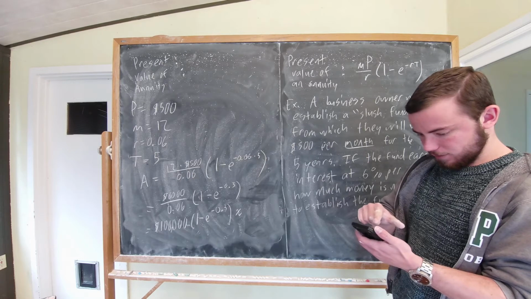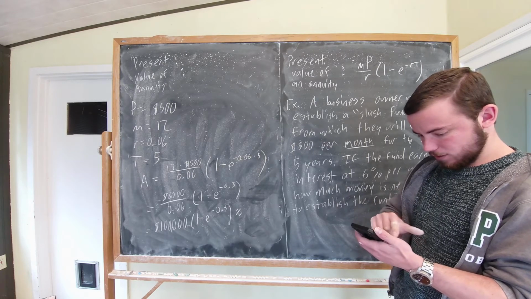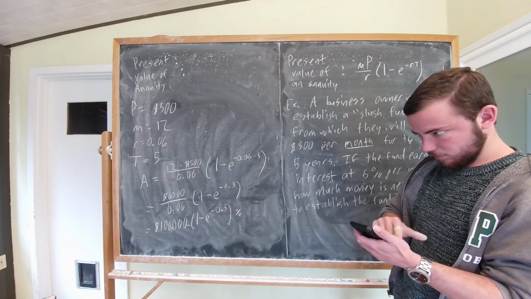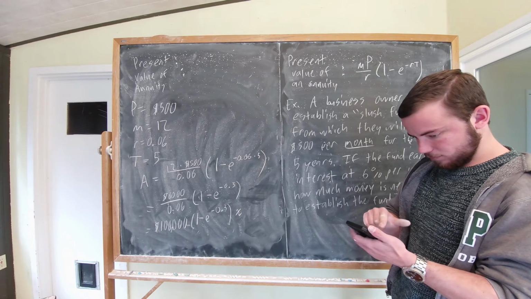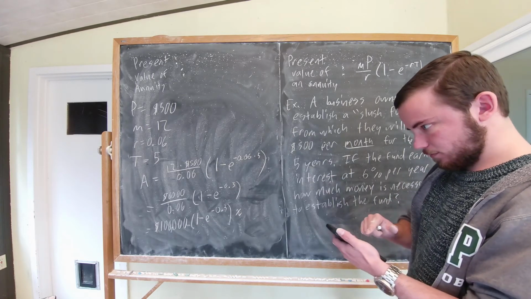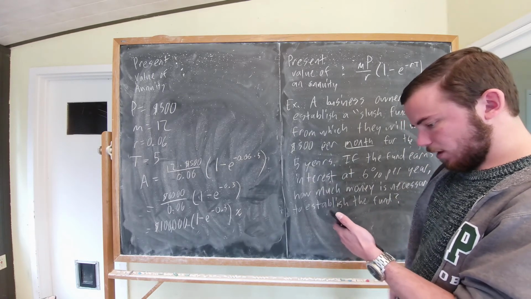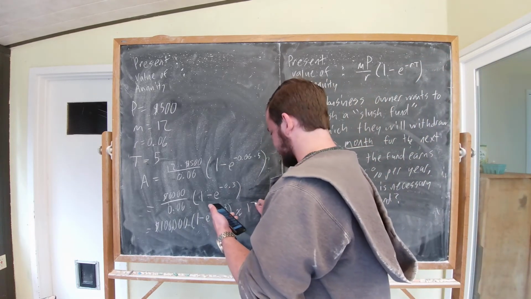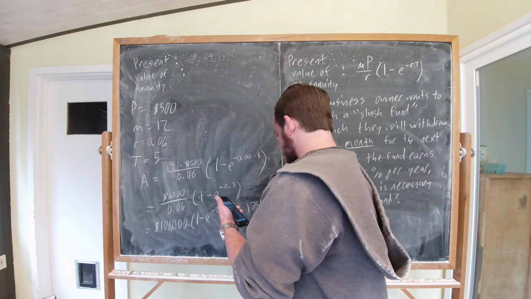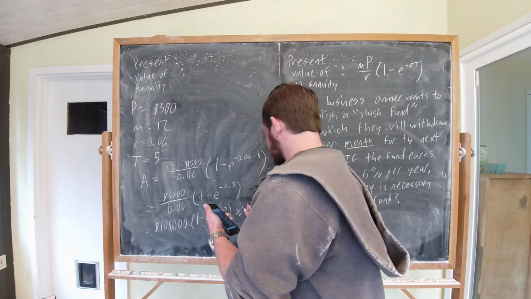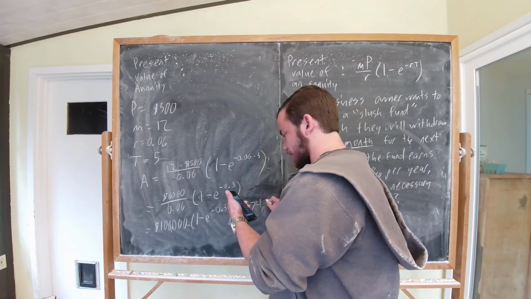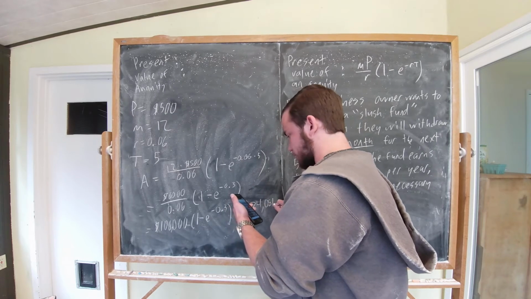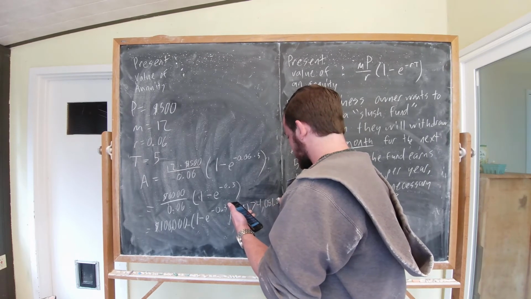Negative e to the 0.3 plus 1. You'll end up with $174,000 or $174,081.82.